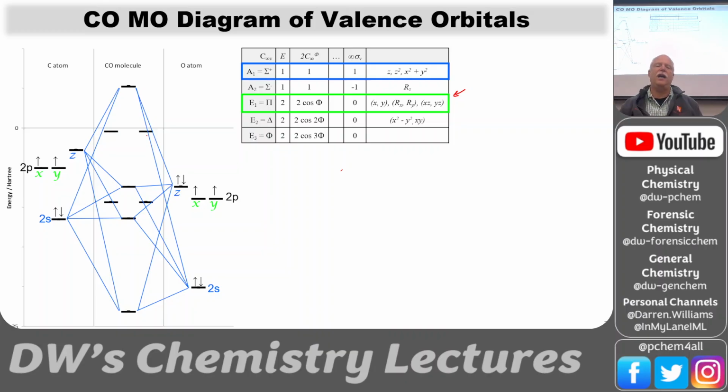If you're making this diagram, you can just draw your 4 lines. Draw one down below the 2s here. This is the 2pz, so go up a bit and draw that one. That's going to be your highest one, and then just draw 2 in the middle. It doesn't matter because I'm not getting a ruler out and measuring your energies.